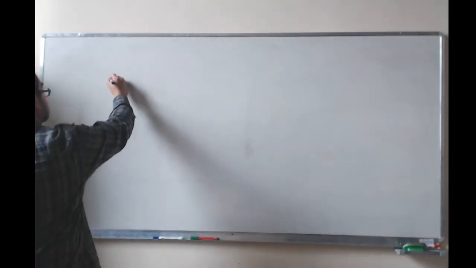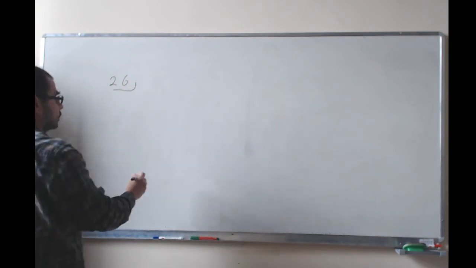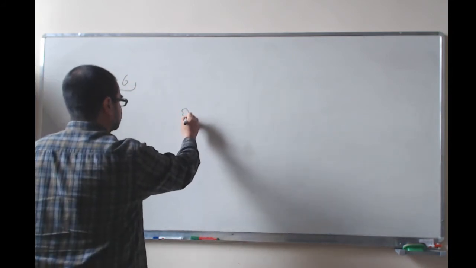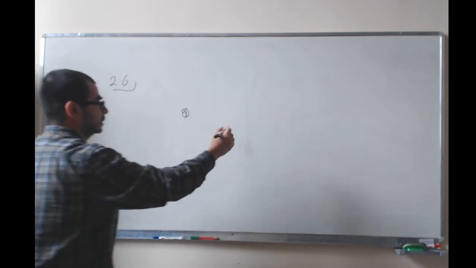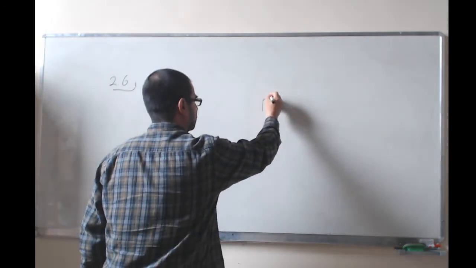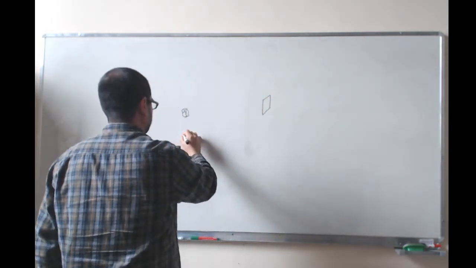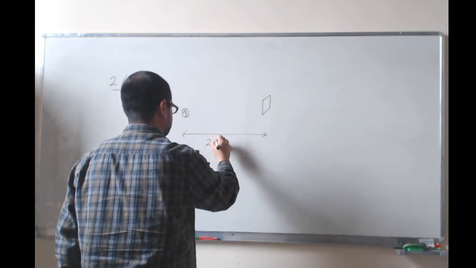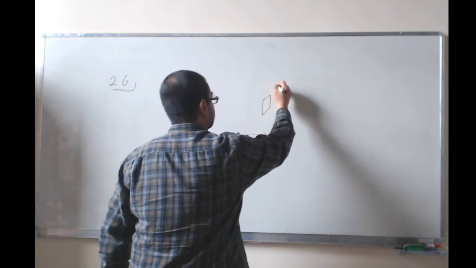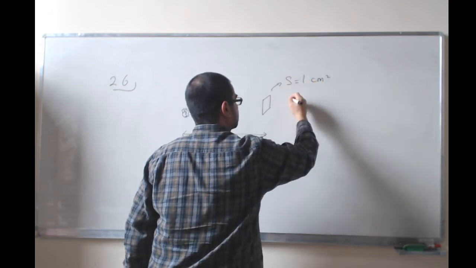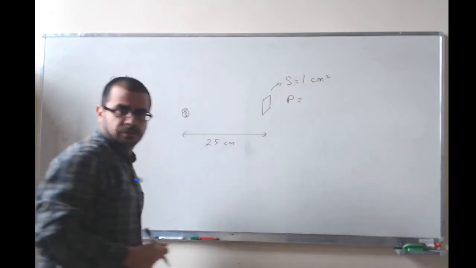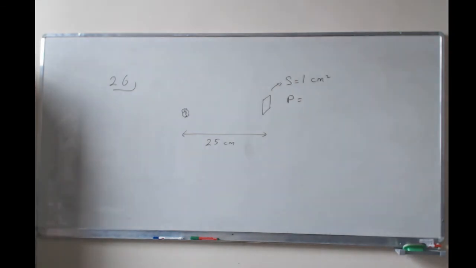Okay, it's 26. So the situation we have here is we have an atom trap, right? There are some atoms here, and we have a detector that is 25 centimeters away, and it has an area of 1 centimeter square, and this measures a power of 1.6 nanowatts.